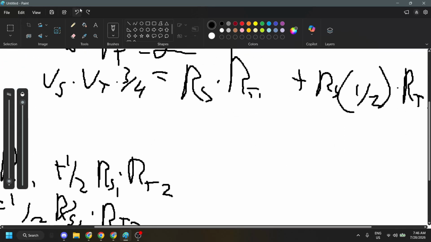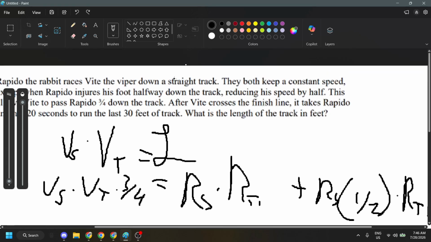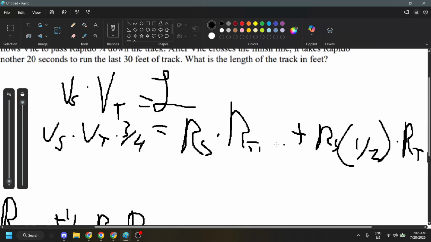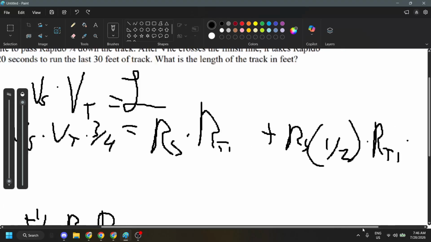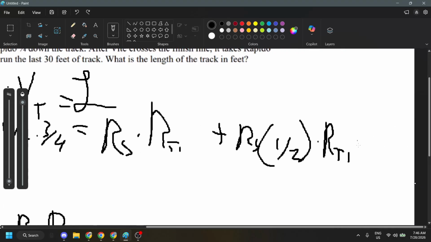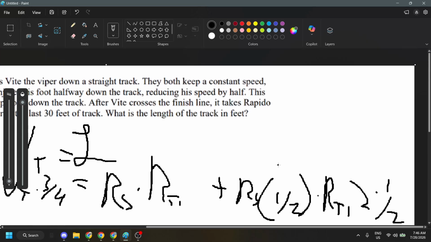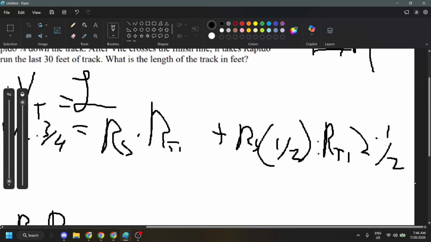So, oh no, I did this wrong. It's 3/4 of the way. So we do this, and then we do times 1/2, because it's halfway down the second half. They're like right there. So these two cancel out.